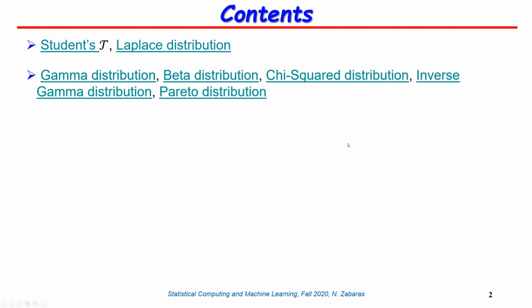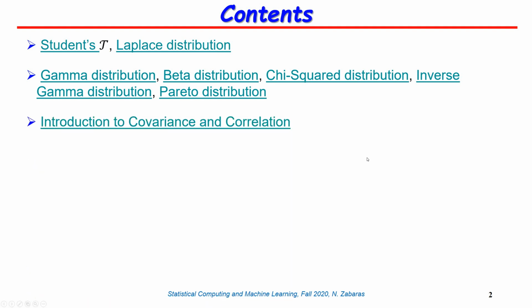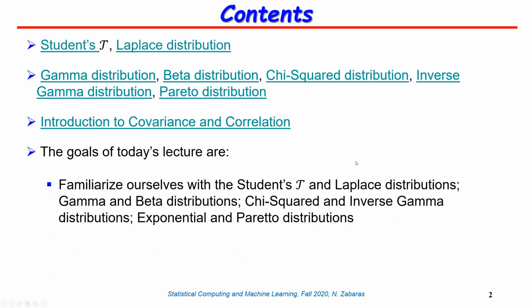And then as a sort of preparation for our lecture next Tuesday, I am going to say a few words about covariance, correlation, and independence. So the goals for today's lecture are to familiarize ourselves with a few more distributions, to understand where they come from, in particular student T, and see some of the properties that can be handy later on when we start discussing Bayesian inference.